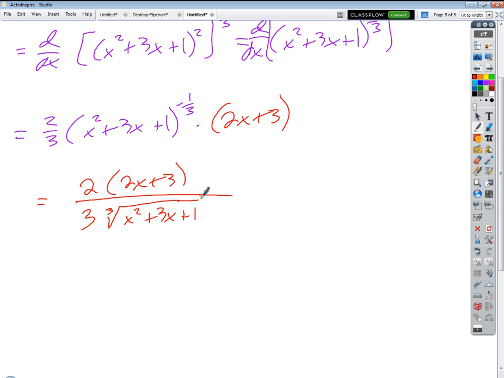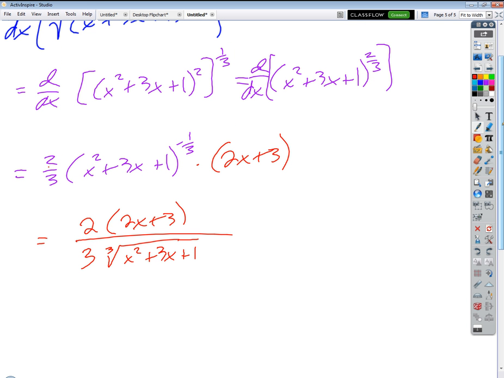Where did you get the 2 on top? From up there, the derivative of the quantity. That gets multiplied by the 2x plus 3 on the top, and everything else is on the bottom.